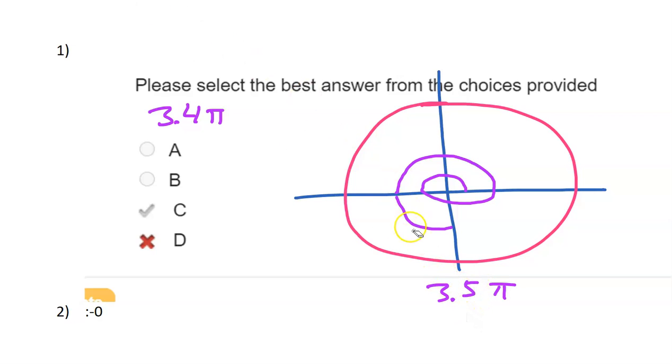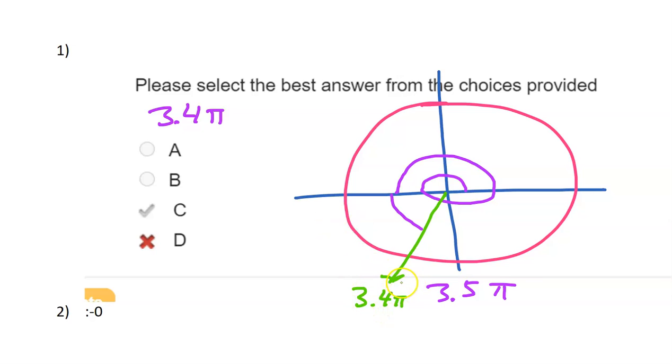That means that the terminal side of the angle must be somewhere in the third quadrant. Okay, it must be somewhere in here. Okay, so it's happening like this. So this is our 3.4 pi.